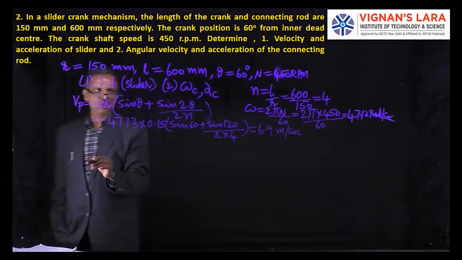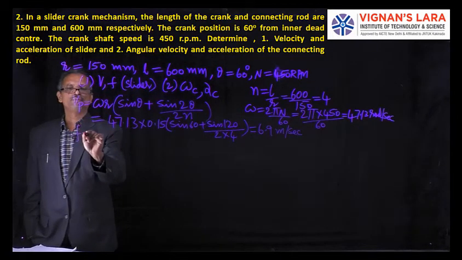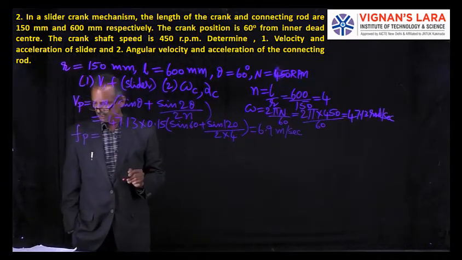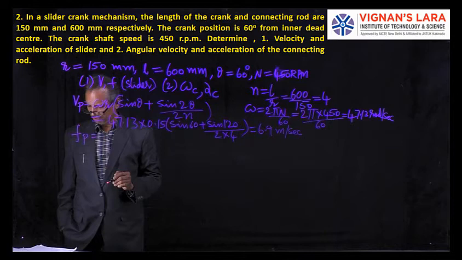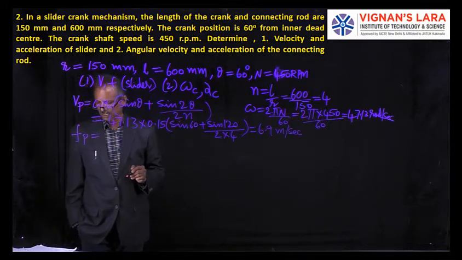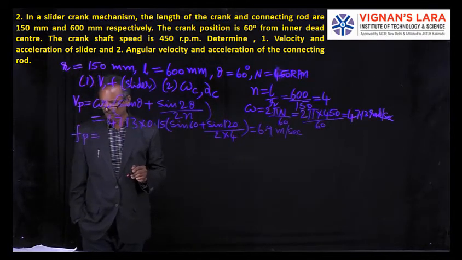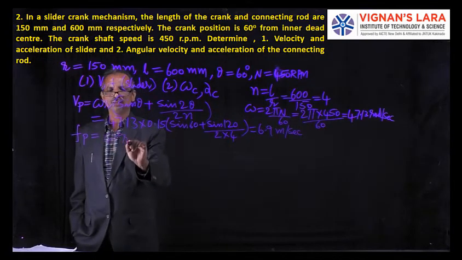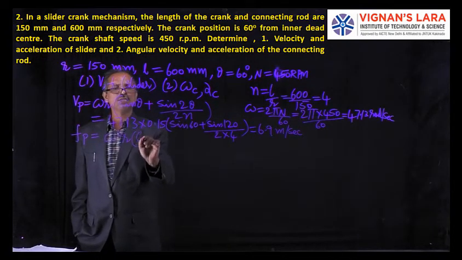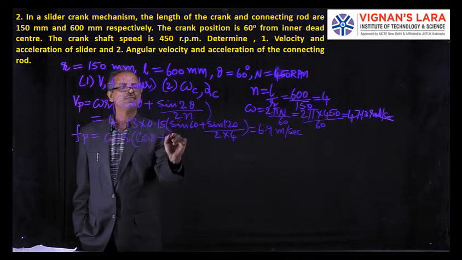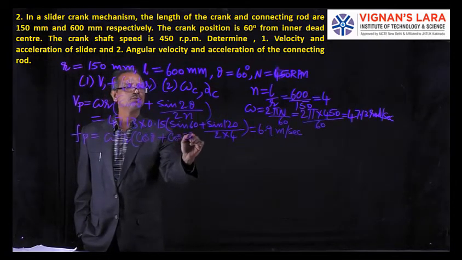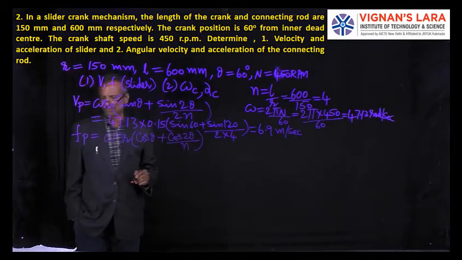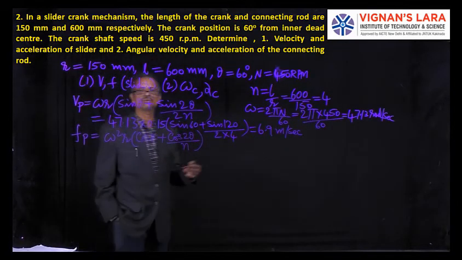Then the acceleration of the slider or piston, FP. What is the equation for this? The equation is omega square R into cos theta plus cos 2 theta by n.